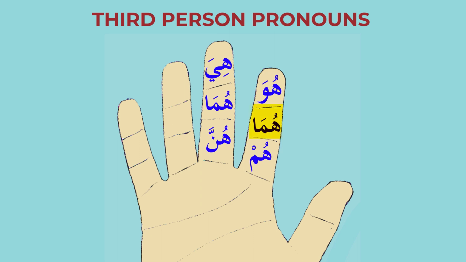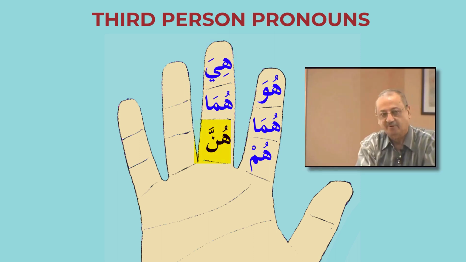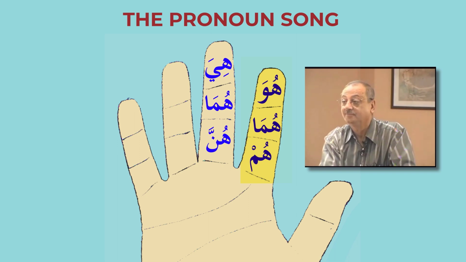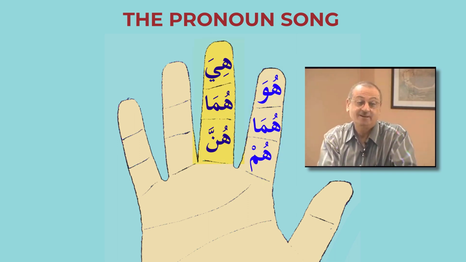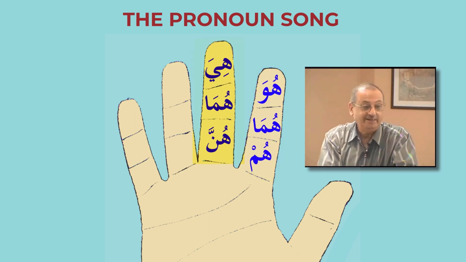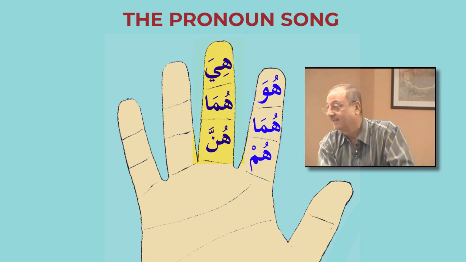Huwa, huma, hum. Hiya, huma, hunna. Are you with me? Ready? Huwa, huma, hum. Hiya, huma, hunna.